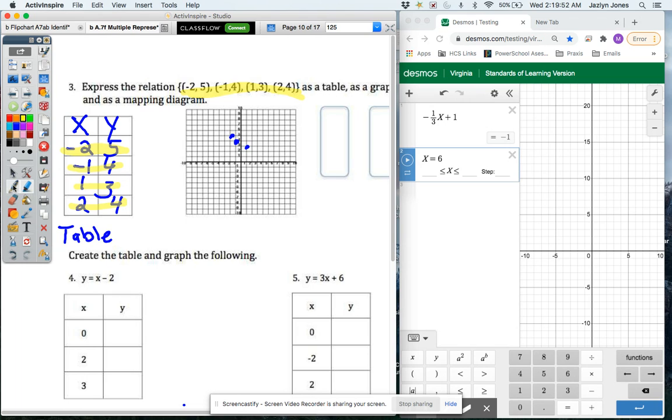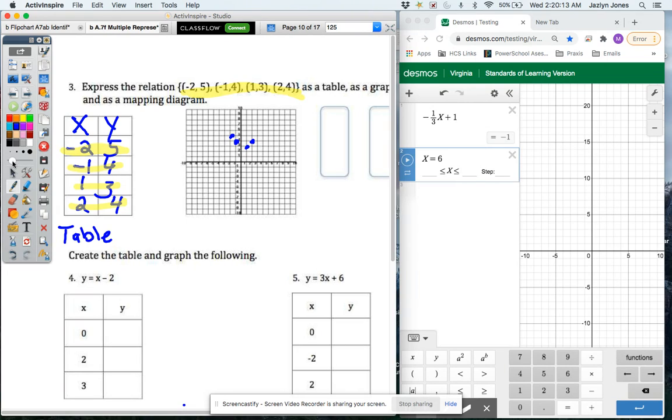And then positive 2 and 4. So 1, 2, 1, 2, 3, 4.